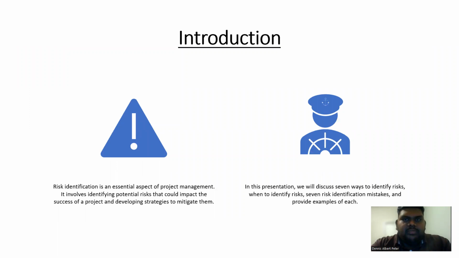First of all, the project manager should identify the essential aspects of project management, and he should identify the potential risks that could impact the success of the project. We should formulate a few strategies to minimize the project risk, and the project doesn't stop, it has a continuation flow.